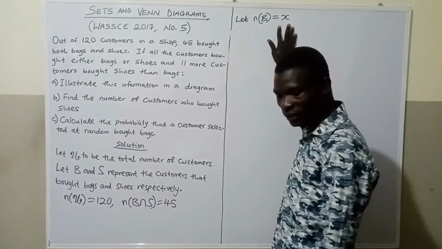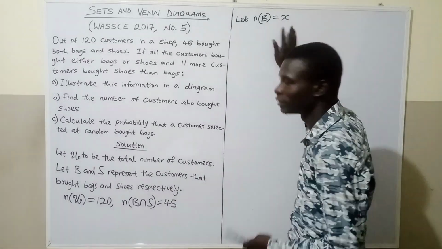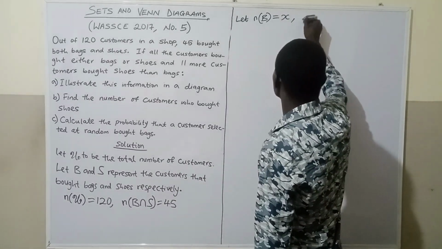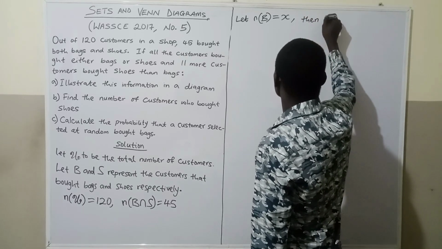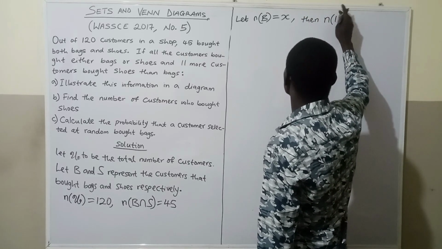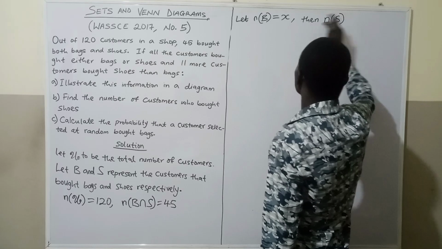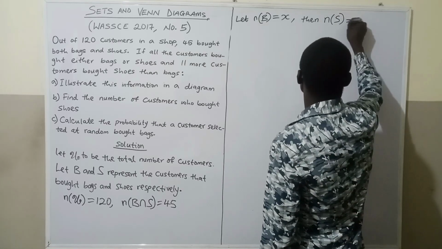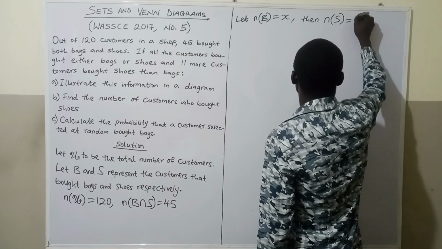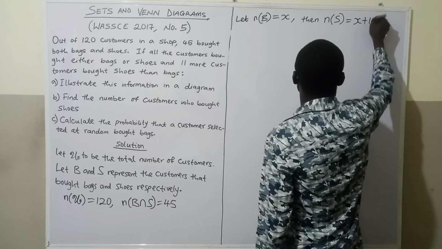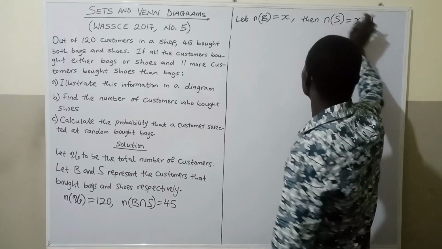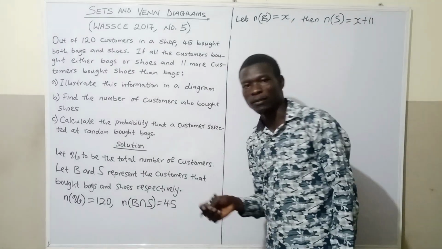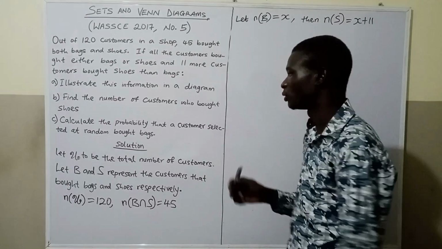So if X represents the number of customers that bought bags, then the number of customers that bought shoes, there are 11 more than this. So that's going to be what? X plus 11. The number that bought bags having 11 added to it. Those are the number that bought shoes.